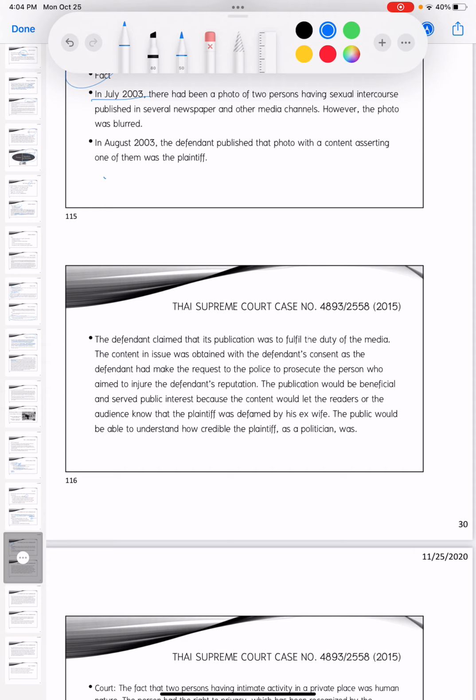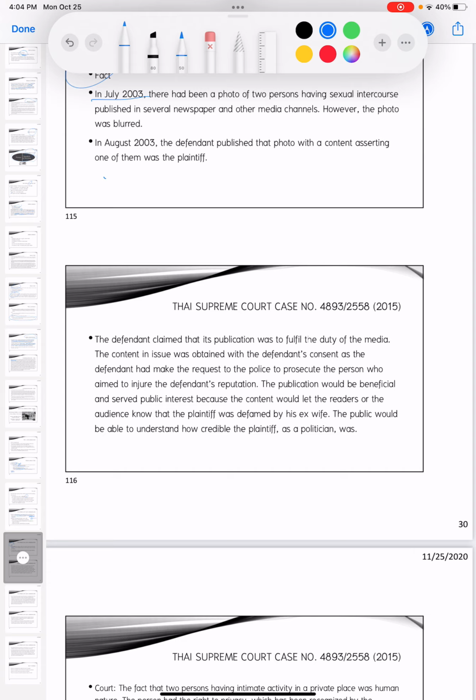The subject matter that they publish is related to a public figure, and it's related to the official position of that person, right? But in this case, the defendant raises so many arguments.